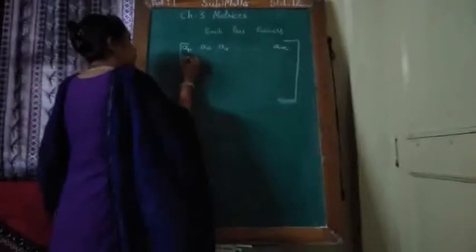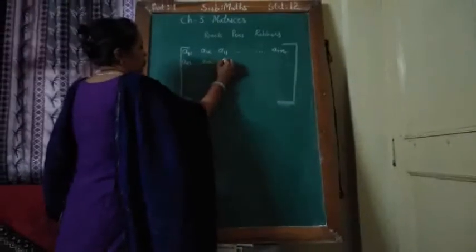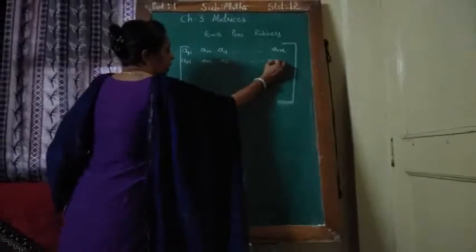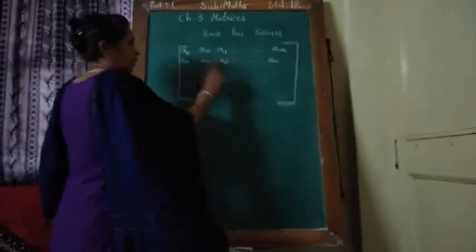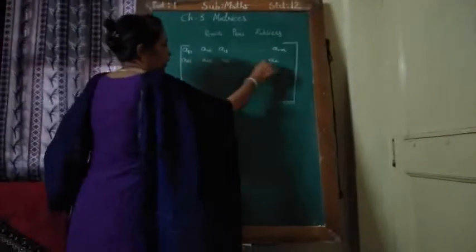For the second row, you have to write A21, A22, A23 and so on. Here the second row is fixed, and the columns are different, 1, 2, 3 up to n, so A2n.